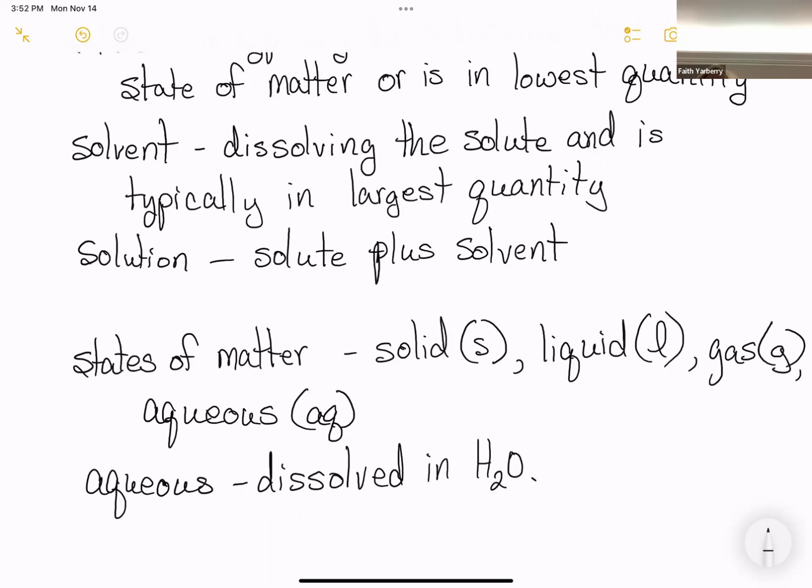The oxygen would be a solute. Brass that makes up a bed frame is a solution. It is typically made up of zinc and copper, or zinc and silver. So it's made up of two metals. Now, who the solvent is and who the solute is probably depends upon the color of the brass.